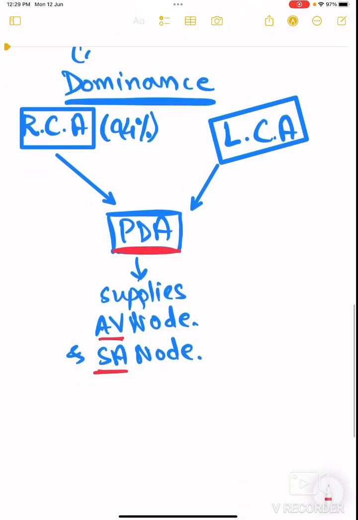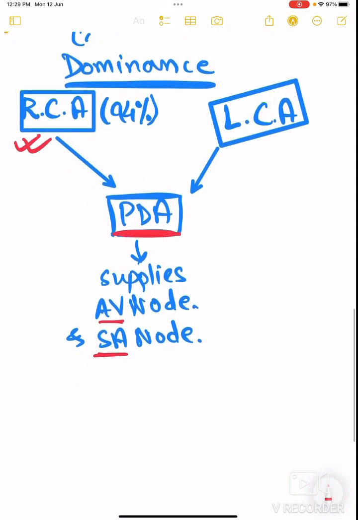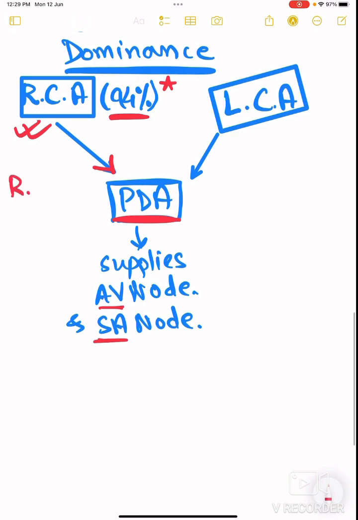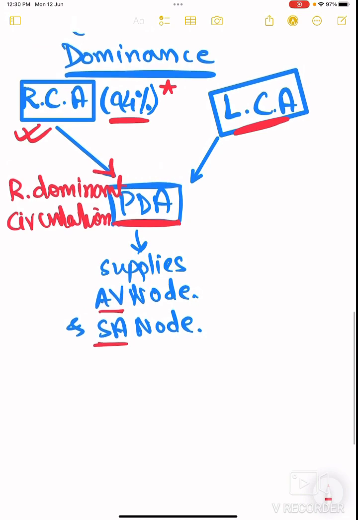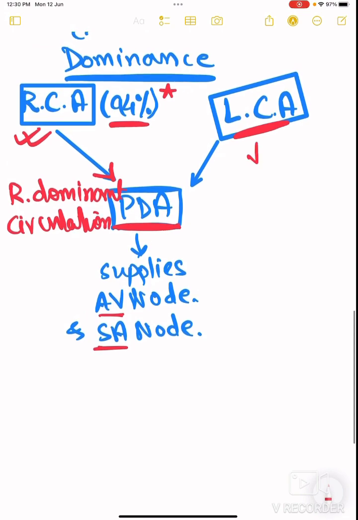If the right coronary artery supplies the posterior descending artery, which is predominant in 94% of the population, it is called right dominant circulation. And if the posterior descending artery comes out of the left circumflex artery or left coronary artery, then it is called left dominant circulation.